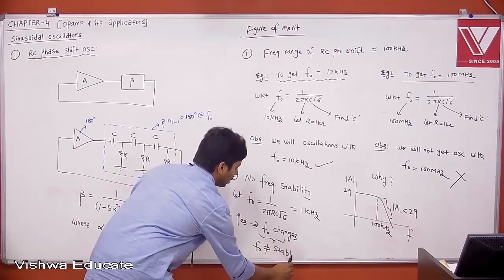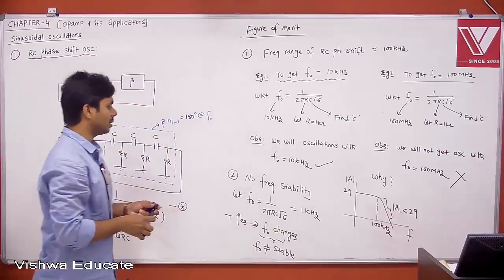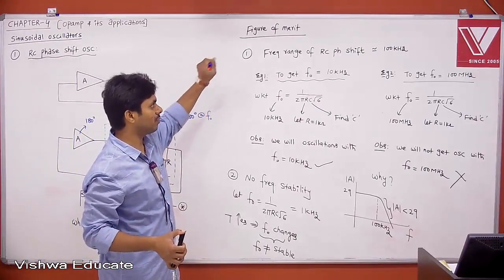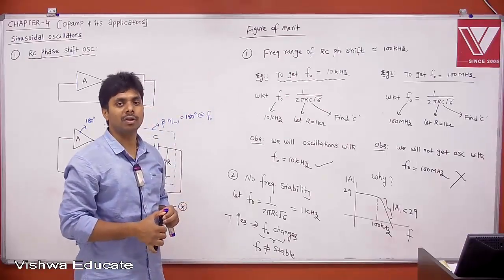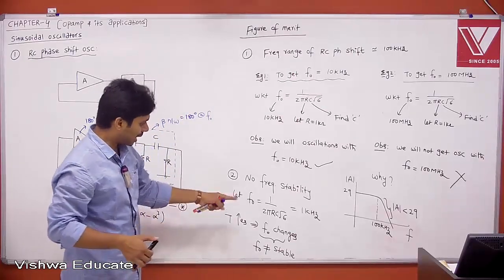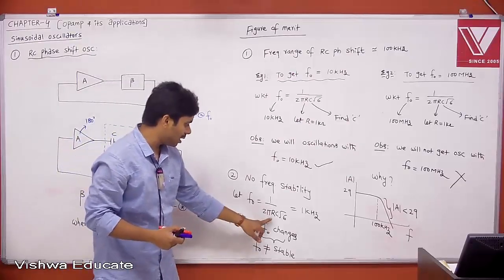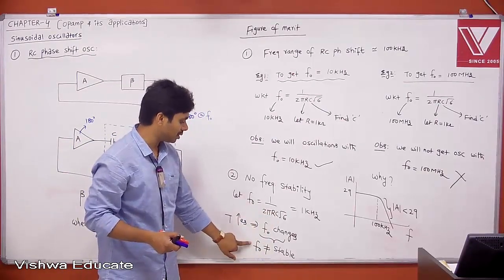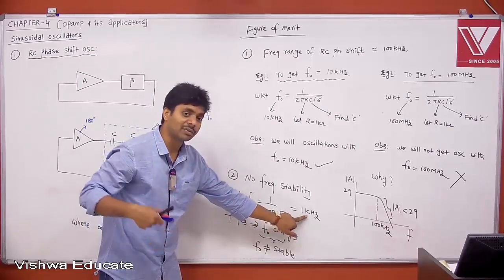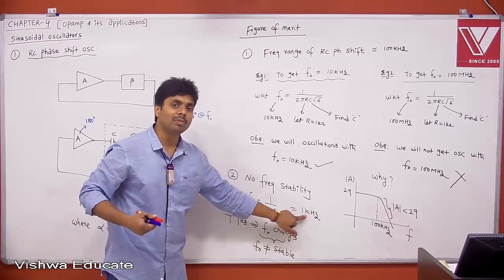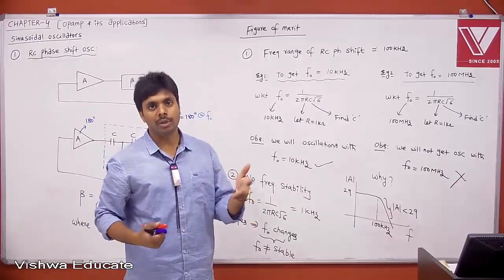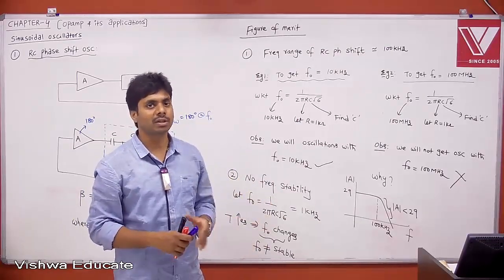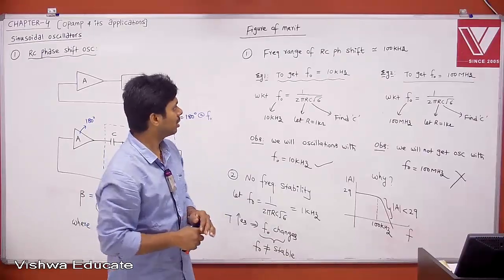The figures of merit of an oscillator are the frequency range and the frequency stability. I expect 1 kHz, but it will be 1.05 kHz. There will be a variation in frequency due to temperature or other effects. Therefore, there is no frequency stability. That is the limitation.